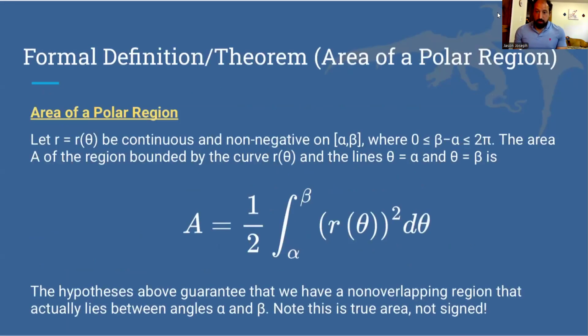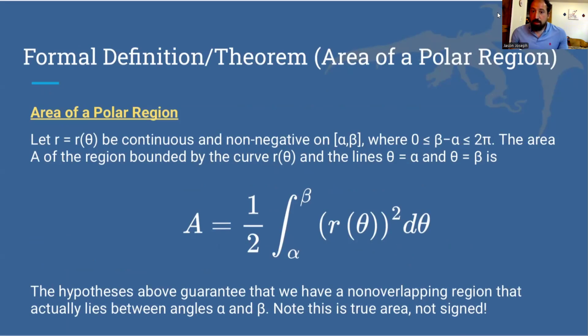So this is the formula that you'll be using, and it has some hypotheses here. It says we want a function of the form radius is a function of angle theta, and that should be continuous. That's a familiar requirement for integrals.